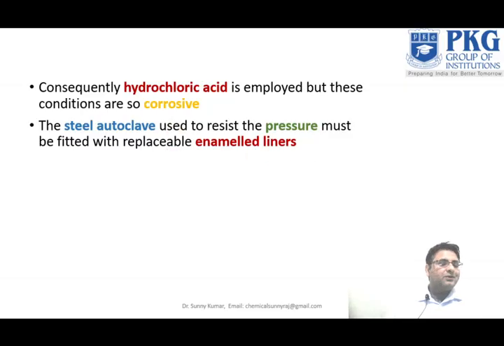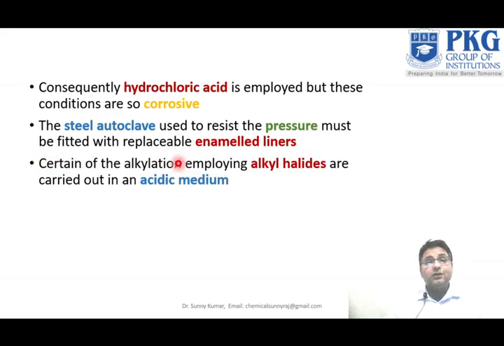So we generally coat glass or glass-lined coats on the steel-based instrument, so these autoclaves are high pressure, and the pressure is also important. In the presence of pressure, generally the corrosiveness increases. And certain of the alkylations employing alkyl halides are carried out in acidic mediums.